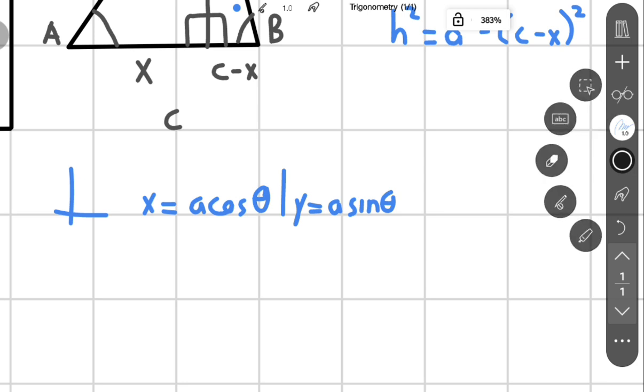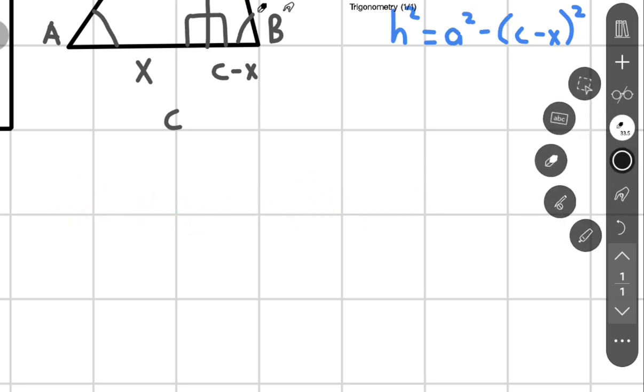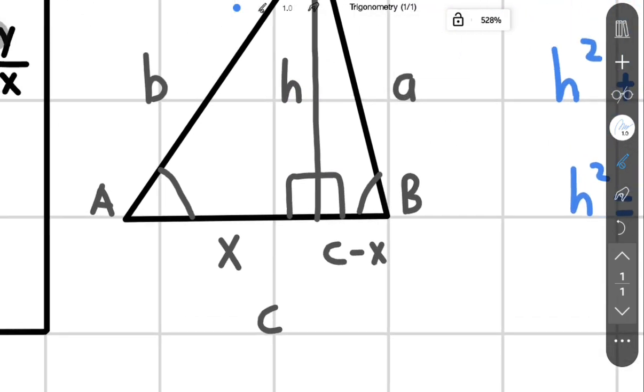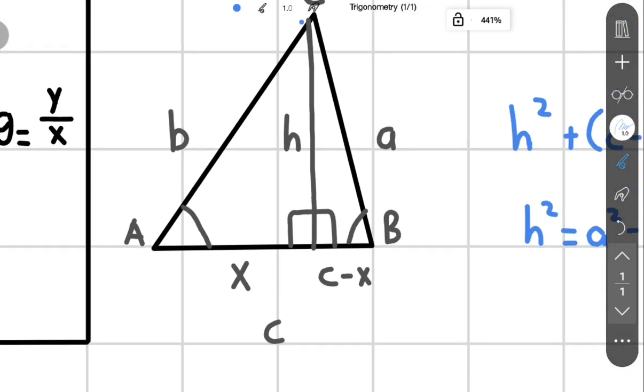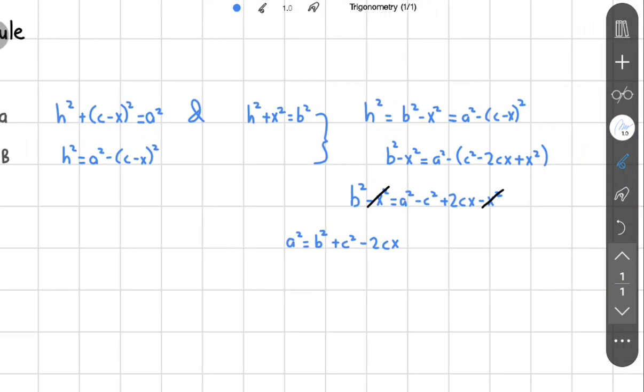Okay, so if we were to refer back to our right angle triangle specifically, we'll realize that x is equal to b cosine a, b the hypotenuse, and cosine a. So let's just replace x, because x is really not a term that we actually know.